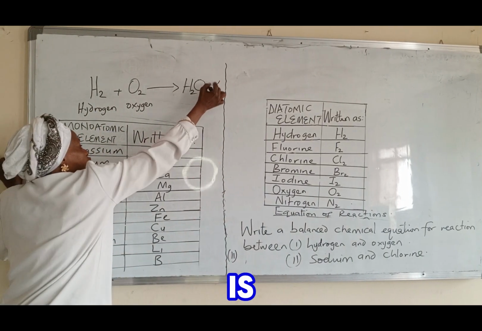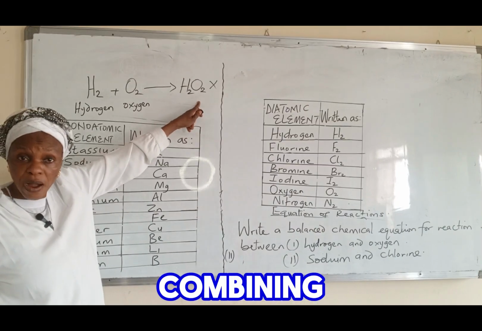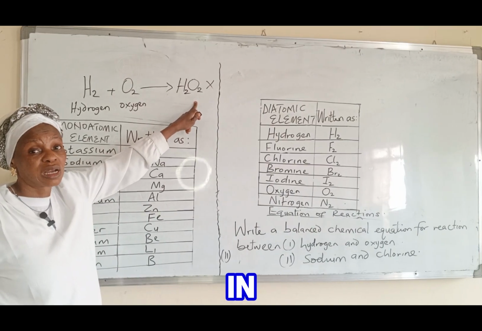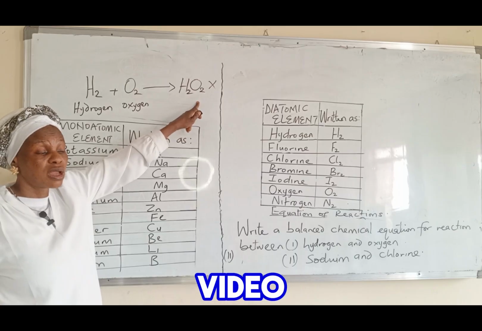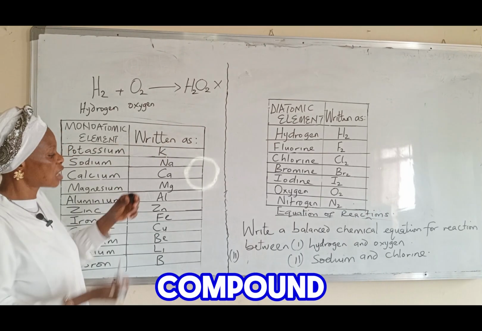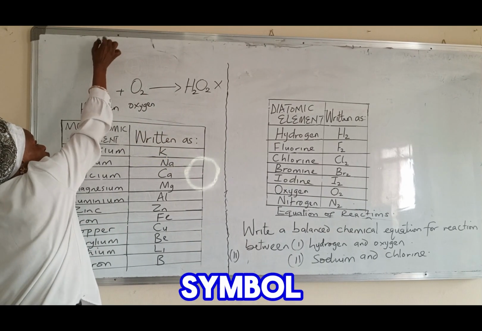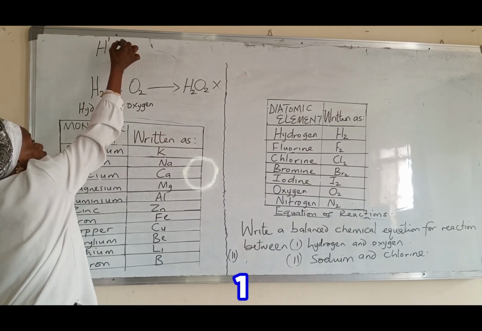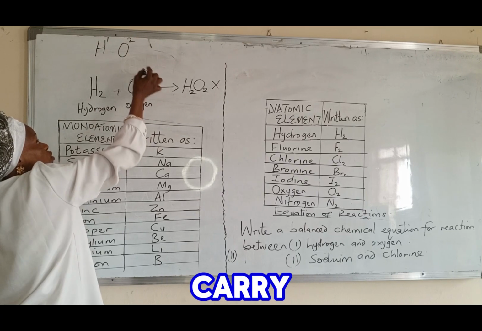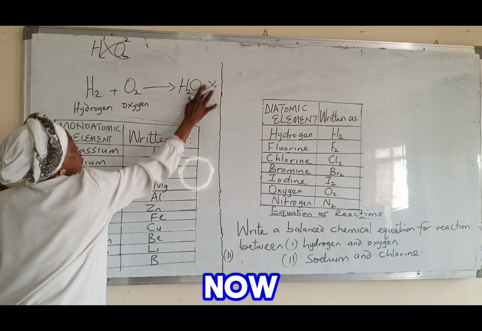No, this is wrong. So for you to form a compound, you use combining powers, as I told you in our earlier video. Now you quickly take the combining power of the symbol of hydrogen, which is 1. Remember, oxygen will carry 2. So what will it form now?